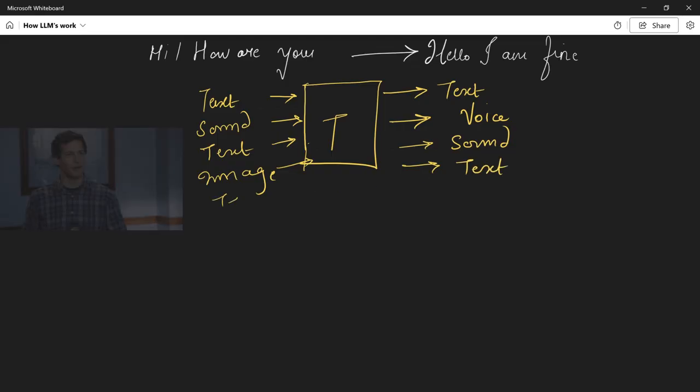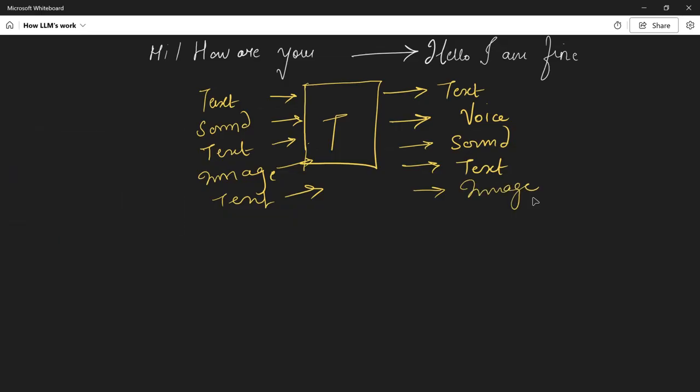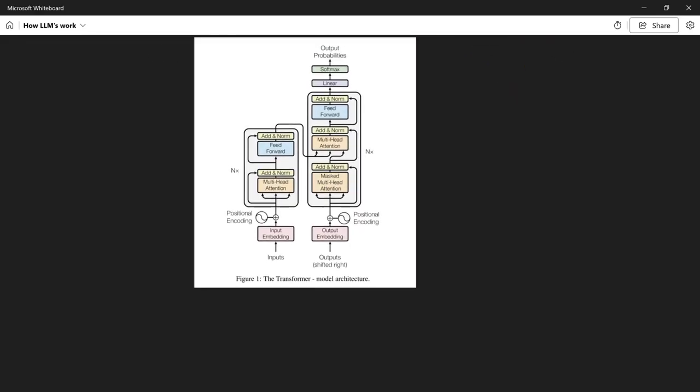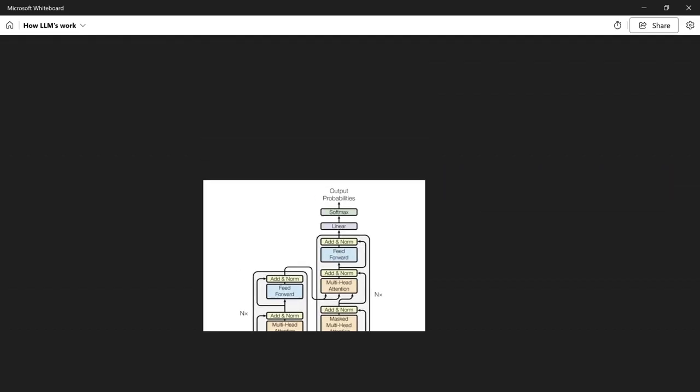It can take an image and convert that into text, or it can also take text and create an image. And this all came into existence in the year 2017 from a very famous paper named Attention Is All You Need.